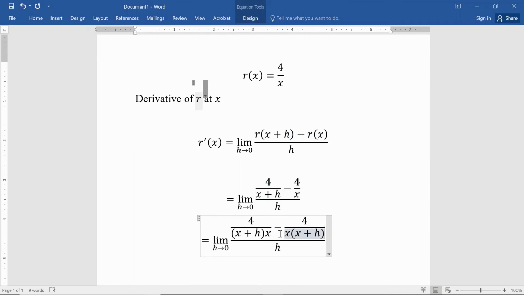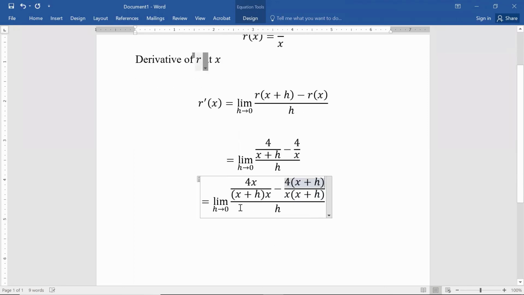Now, if I want to put both these fractions over a common denominator, the first fraction I need to multiply by x on both the top and bottom. The second fraction I need to multiply by x plus h on the top and bottom.